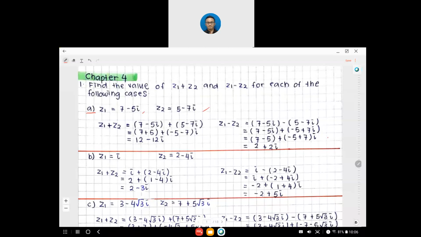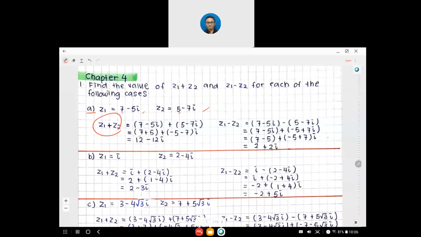So when you want to find the summation between Z1 and Z2, make sure the real part is solved with the real part, and the imaginary part is solved with the imaginary part. So the first one is the real part, which is 7 and 5.